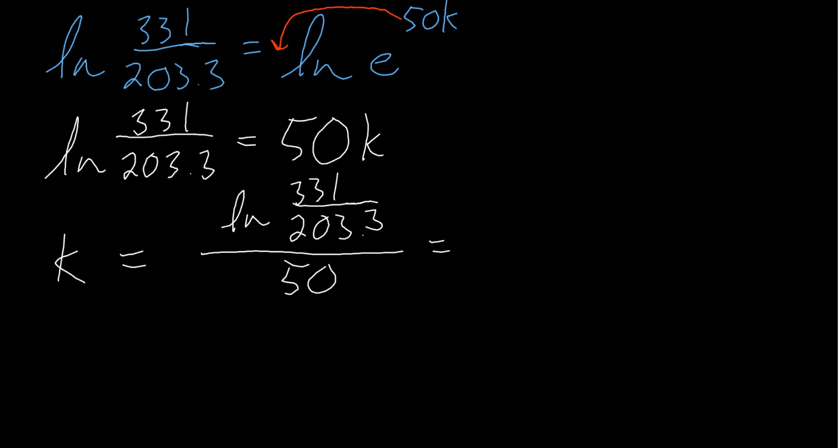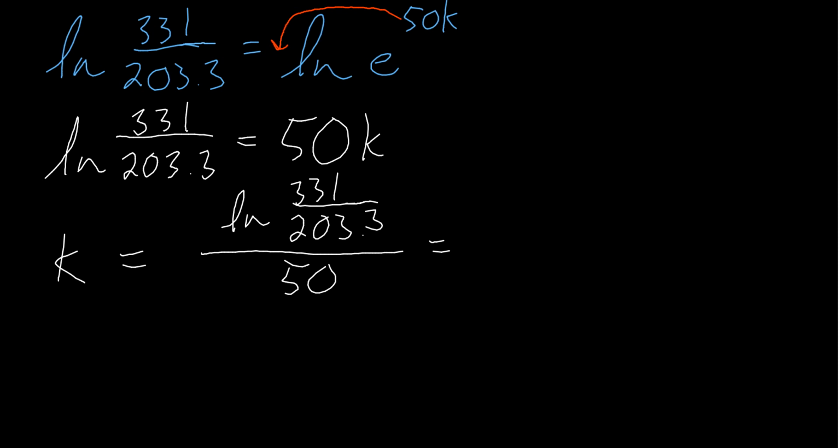So what I like to do is be very liberal with my parentheses. I'm going to put parentheses to denote my numerator, then natural log of 331 divided by 203.3, close parentheses, and then divided by parentheses 50.